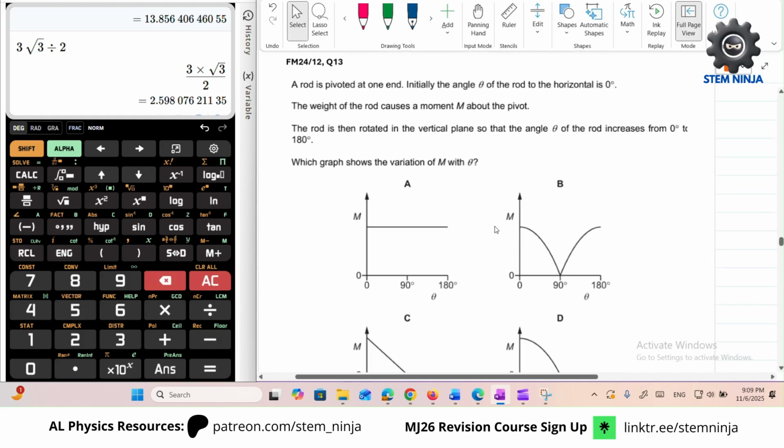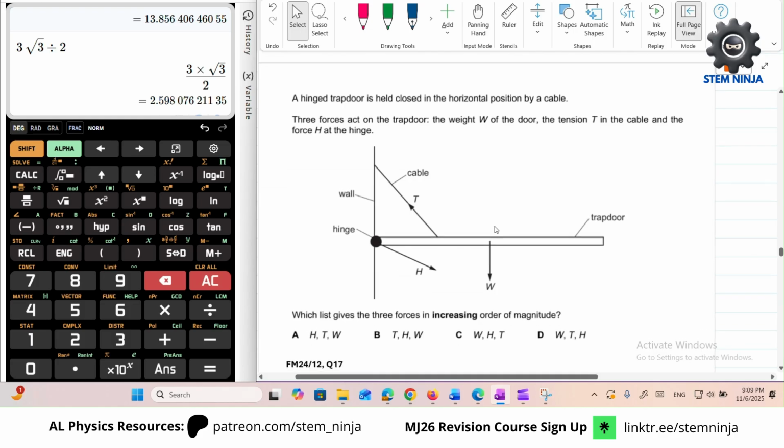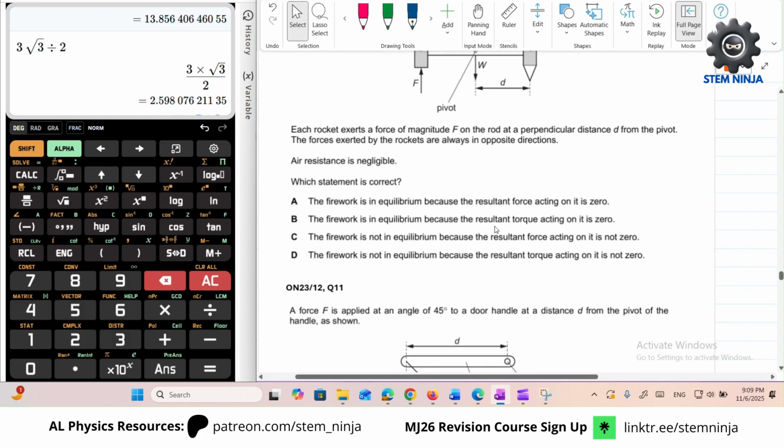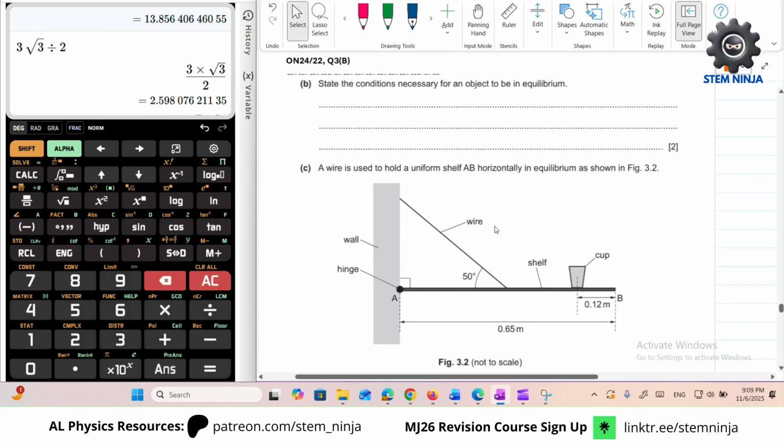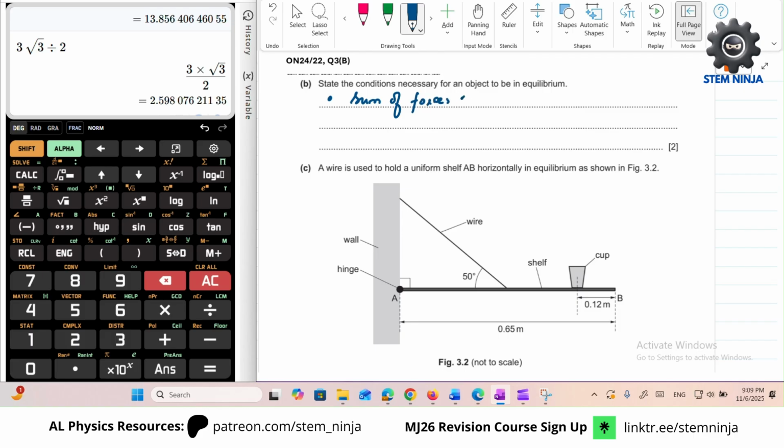Okay, let's take something important. Now let's do the Paper 2 questions also. State the conditions necessary for an object to be in equilibrium. So the sum of forces in any direction must be 0, resultant force equal to 0.